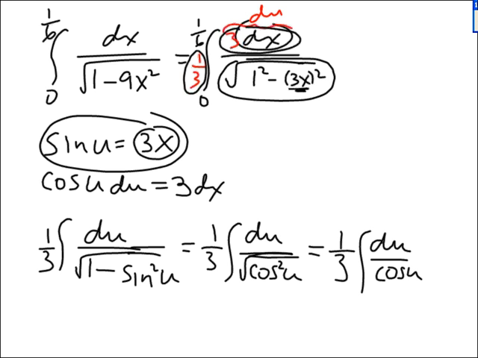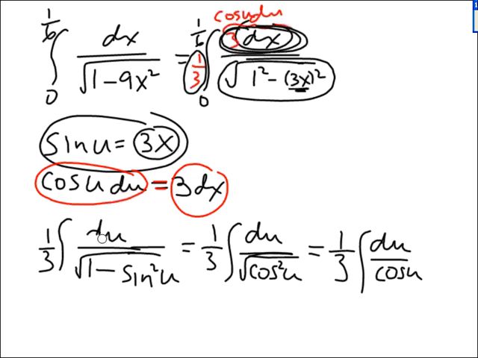And of course I do have one mistake. 3 dx was not du. It says 3 dx equals cosine u du.